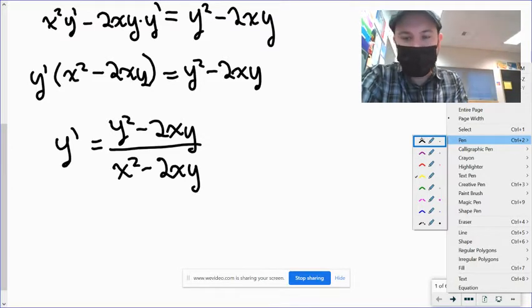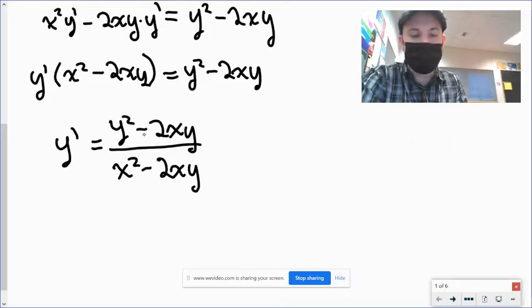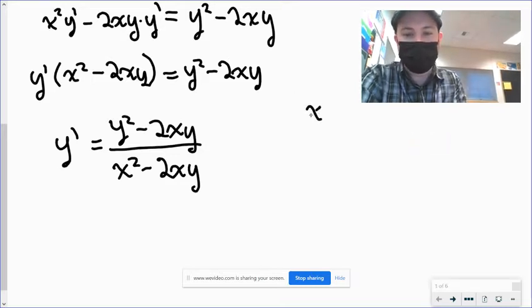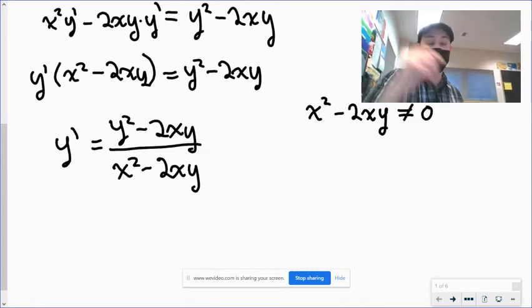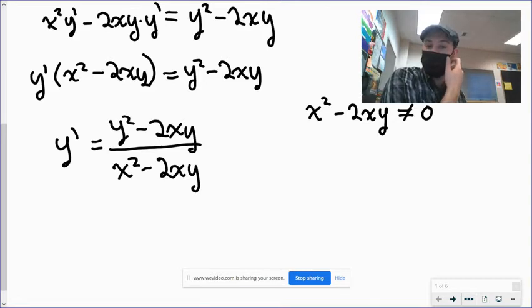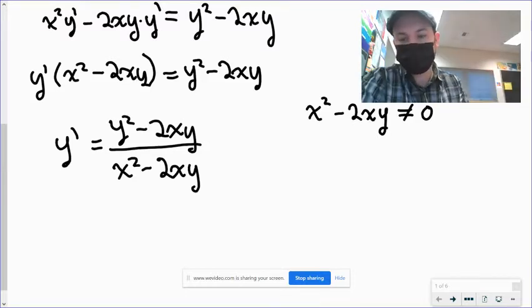One of the things that would cause an issue for our function, our derivative, is if the denominator were equal to 0. We cannot divide by 0. And so my derivative will certainly be undefined if the denominator equals 0. So I'm going to set the denominator, x squared minus 2x times y, to not be equal to 0.